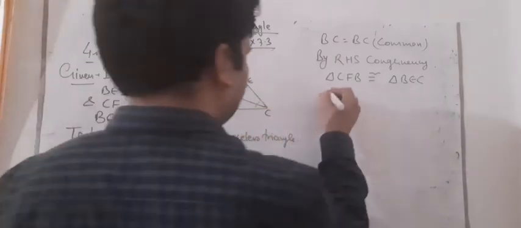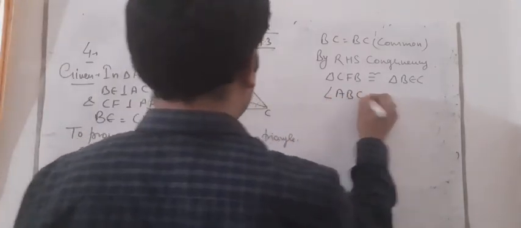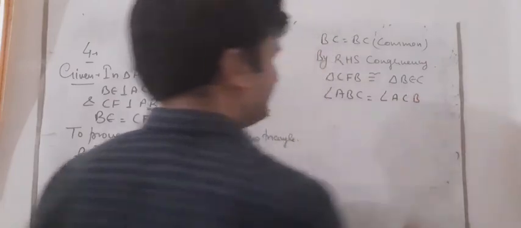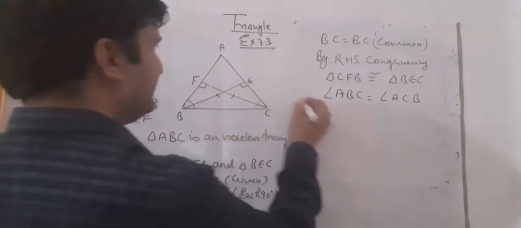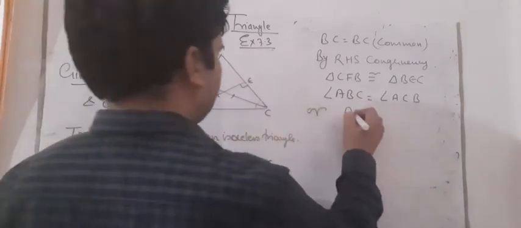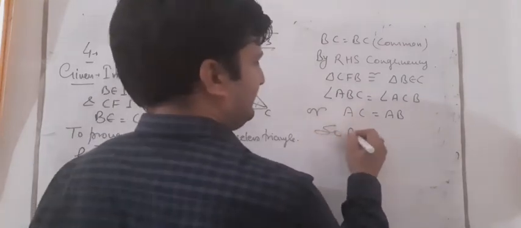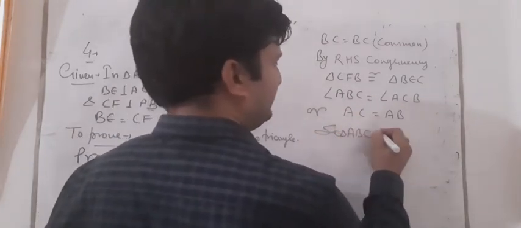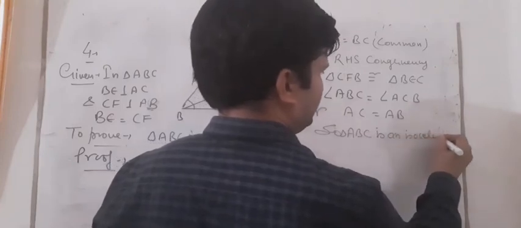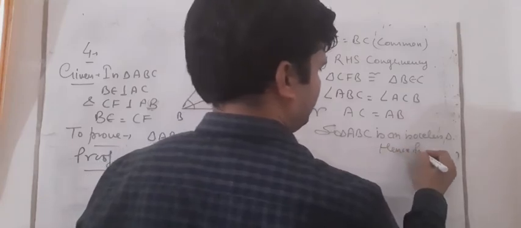So we can say that angle ABC is equal to angle ACB, which means AC is equal to AB. So triangle ABC is an isosceles triangle, hence proved.